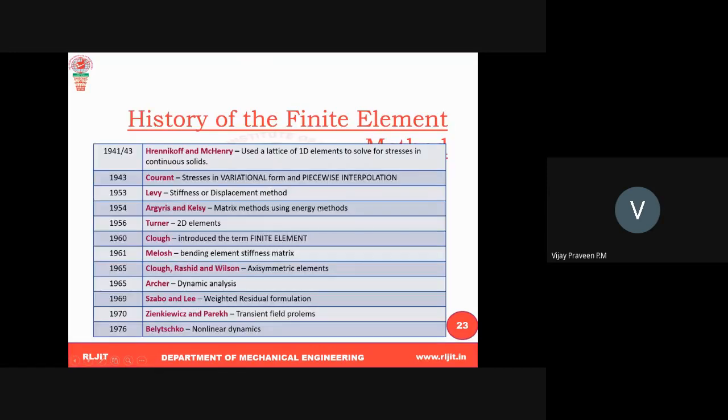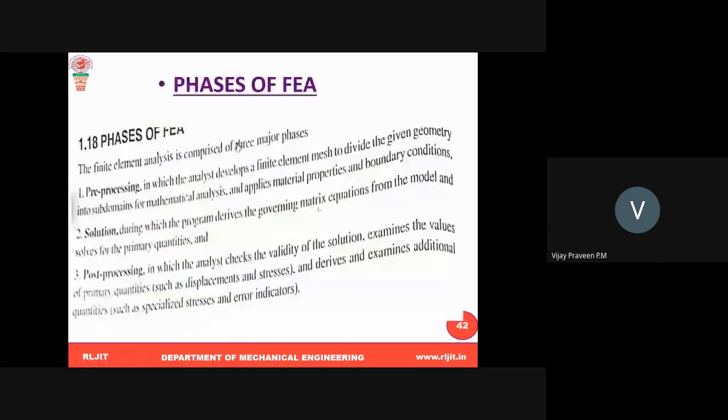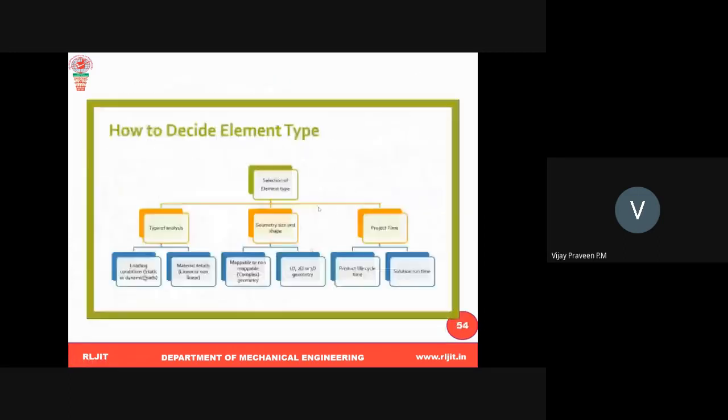Correct? So here also the same thing. The number of elements chosen is related to the accuracy, size of the element, and number of degrees of freedom involved. As the number of elements increases, generally the result is more accurate.